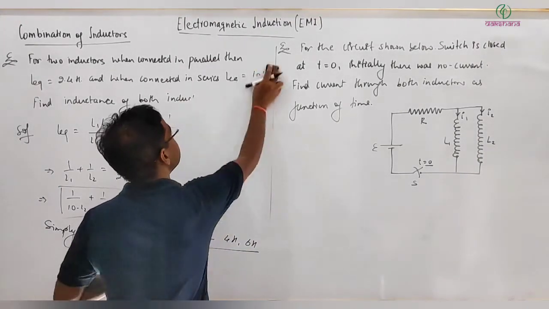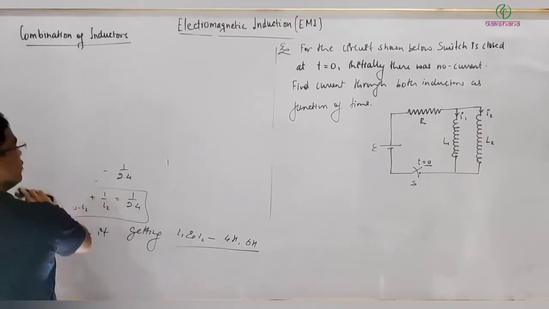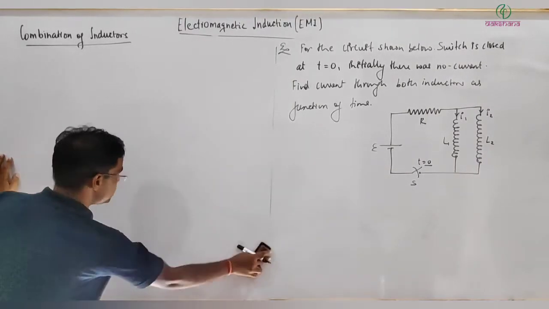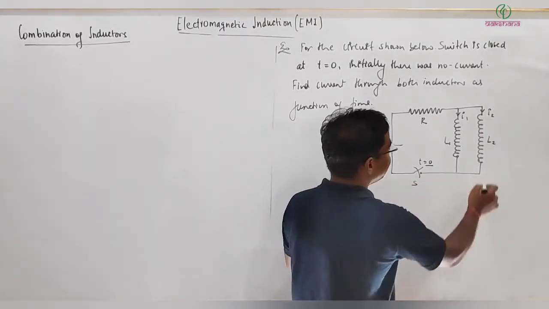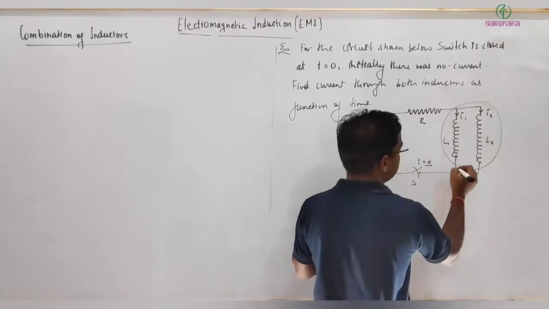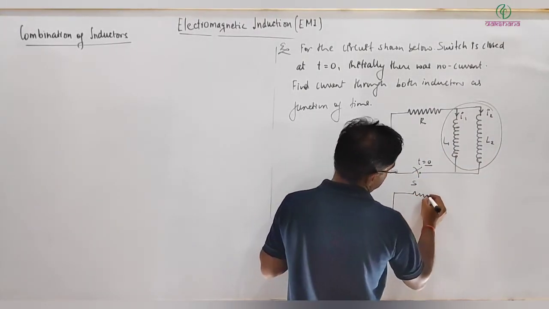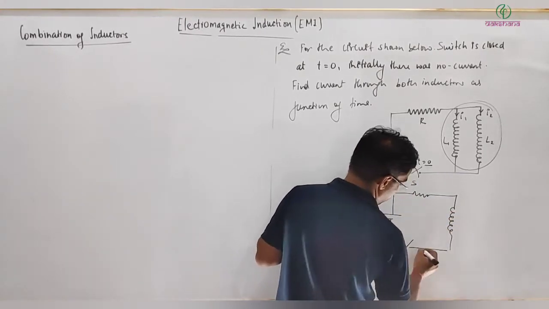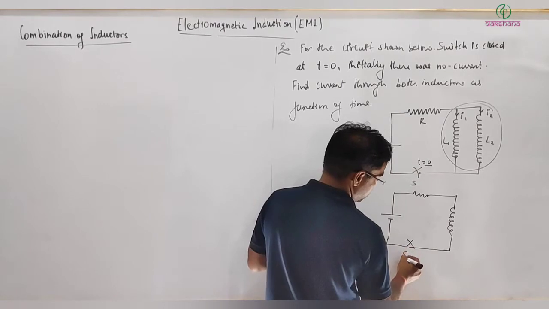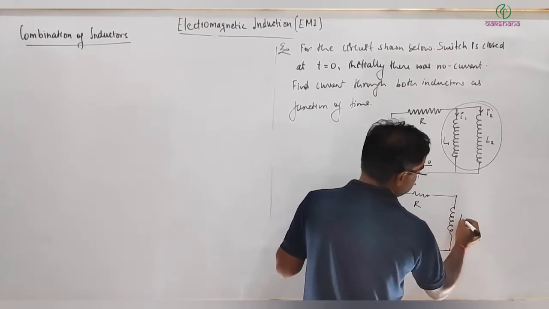Let's solve it. Let's see how we can solve it with the application of parallel combination of inductors. First thing is that the switch is closed. I can replace both inductors with one L equivalent. Then this is my circuit: switch closed at t is equal to 0, EMF, R and L equivalent.